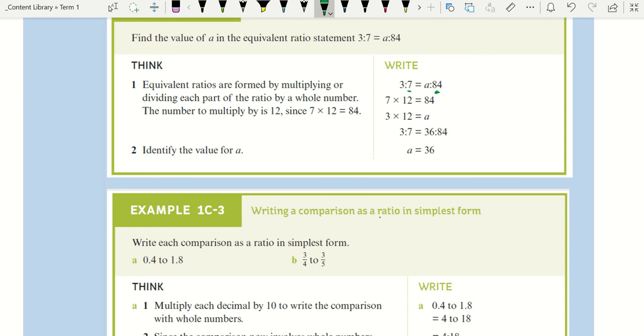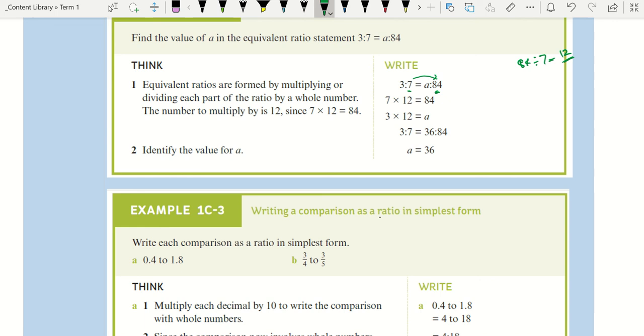So the next thing I want to do is think, how many times does 7 go into 84? So I could go 84 divided by 7, and the point of those primary school times tables was for you to remember things like this, so this is easy for you. We know that 7 times 12 equals 84.